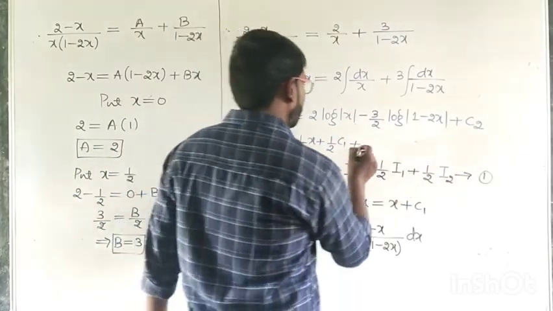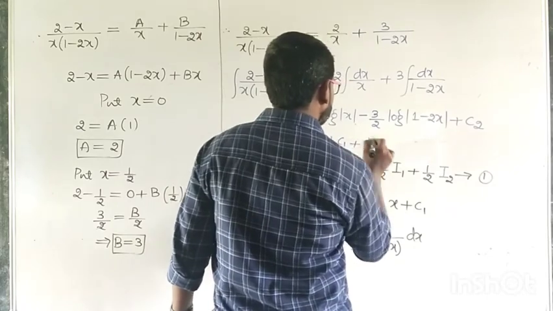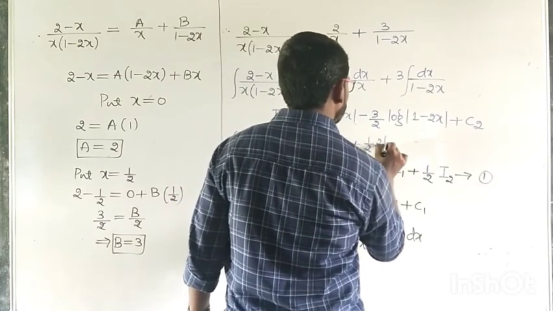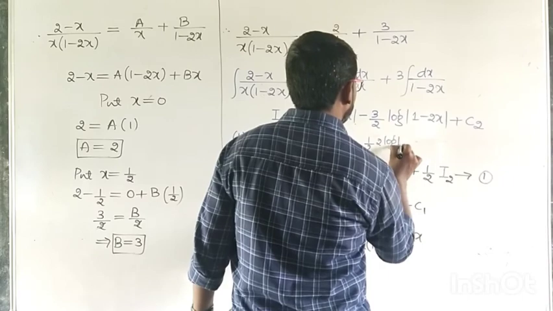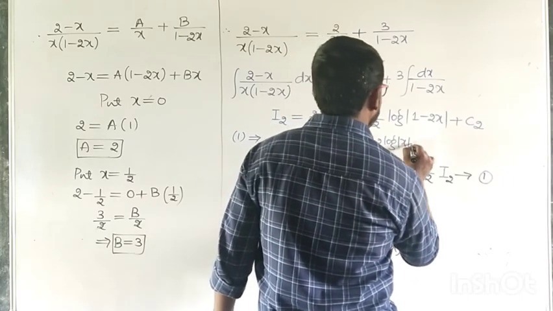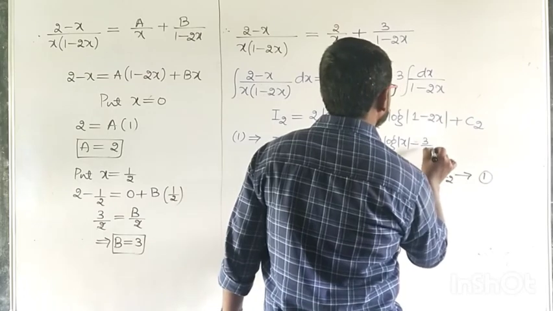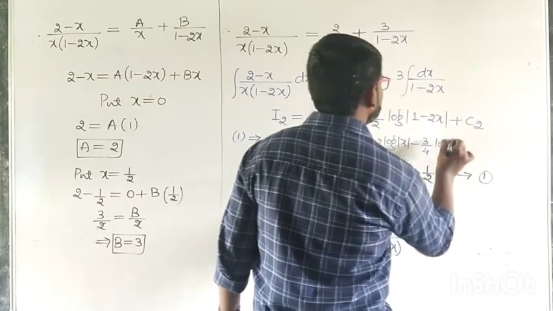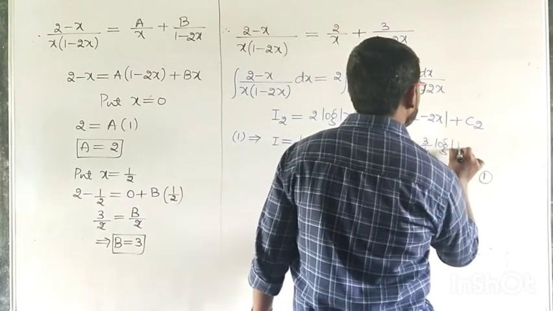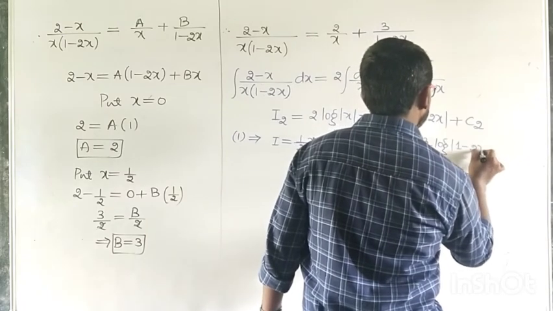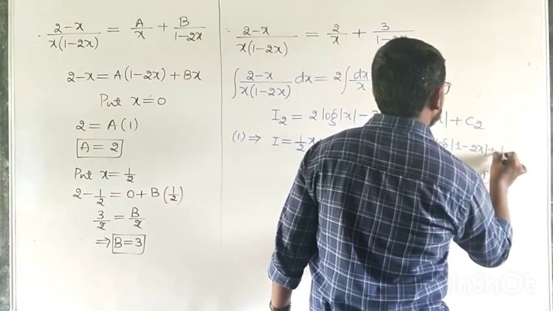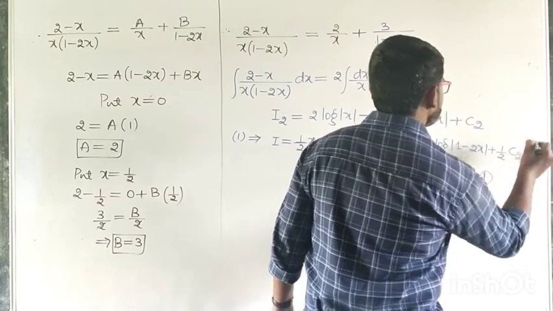So now 1 by 2 into 2 log mod x, and minus 1 by 2 into 3 by 2 will be 3 by 4 log mod (1 minus 2x), plus 1 by 2 into C2.